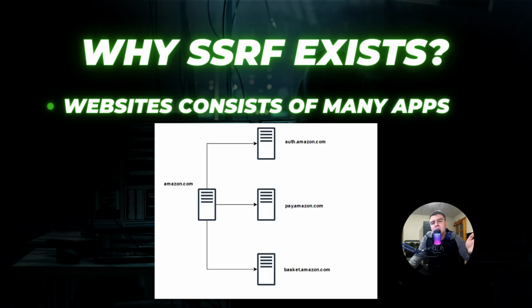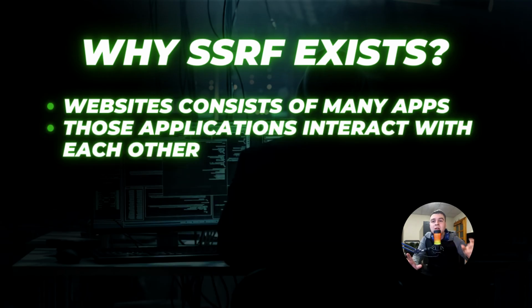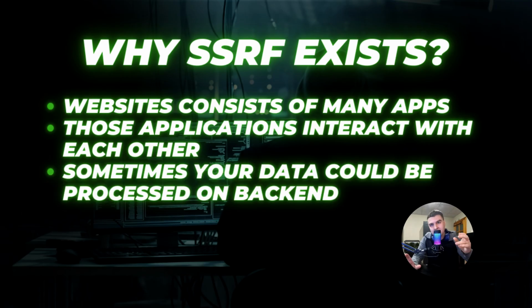There might be many more, but the key point is that those different applications do interact with each other, and those might be handled on different servers, and when different servers send requests to each other, there might be some issues happening behind the scenes.